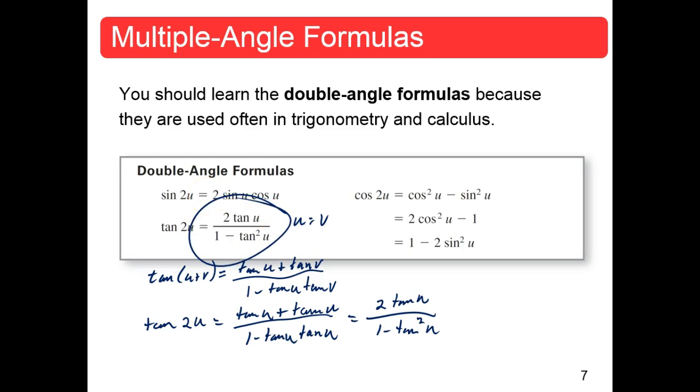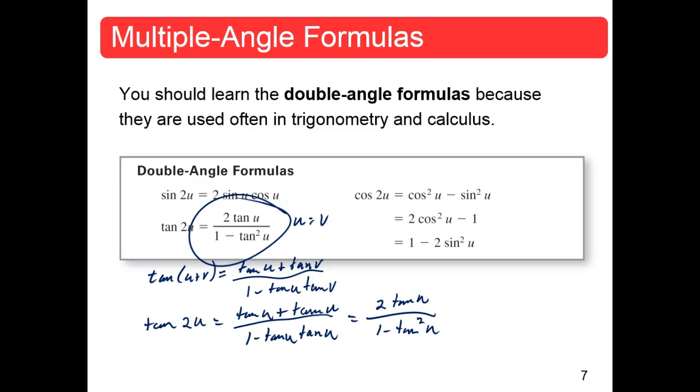So, do I sit down and memorize these? Nah. I just try to remember the ones I already know, sort of mentally plug them in, and basically you get this. It's not that hard. Just doing that little trick, saying u equal v. If you know what tangent or sine or cosine of u plus v is, then you know what it is for sine, cosine, or tangent of 2u.